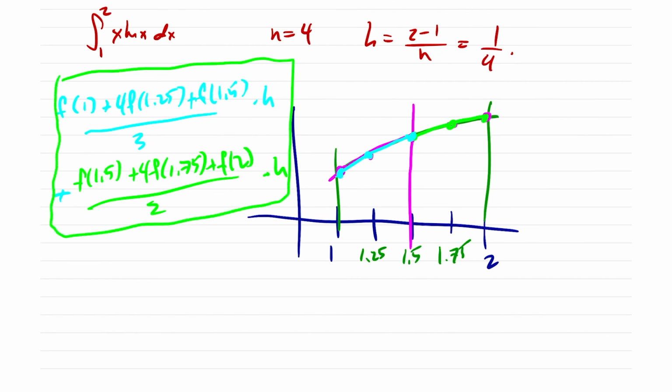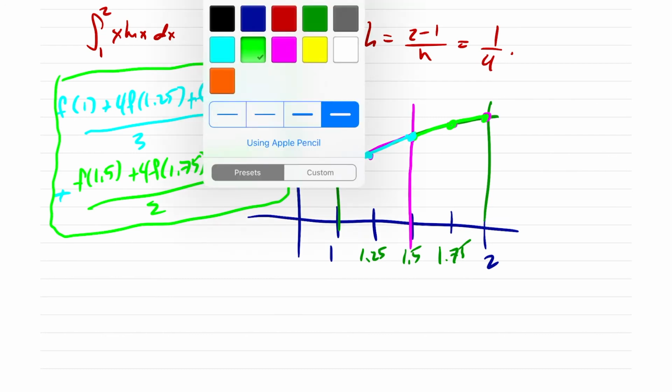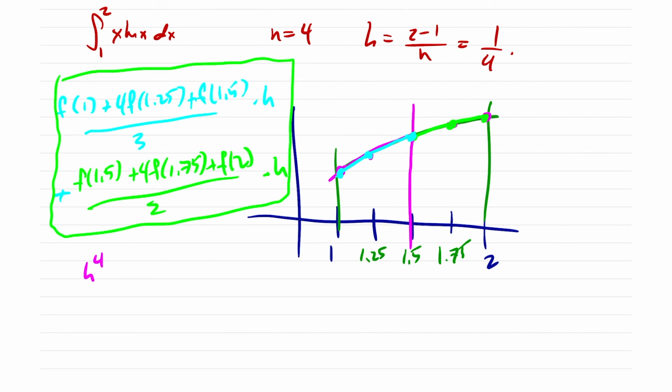Now if we want to compute the error, remember the error itself comes down to h to the 4th times the maximum of the 4th derivative of f(x) from 1 to 2, divided by 90.